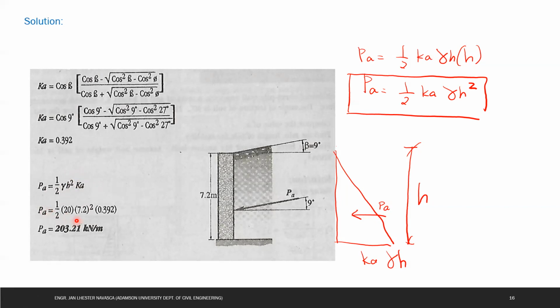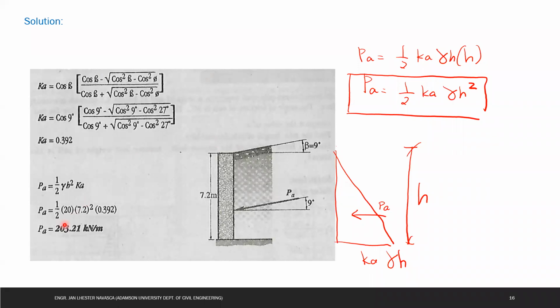Your P sub A is equal to 1/2 times 20 kilonewton per cubic meter, your H is 7.2 squared, your K sub A is 0.392. This is why I don't like showing this formula, because you might get confused when the soil type is different and you have different layers. So this time, just stick to the pressure diagram and just solve for the area of the triangle and the area of the rectangle.